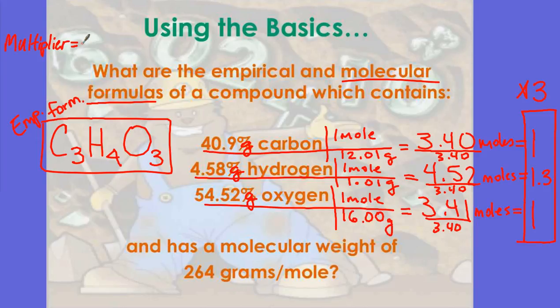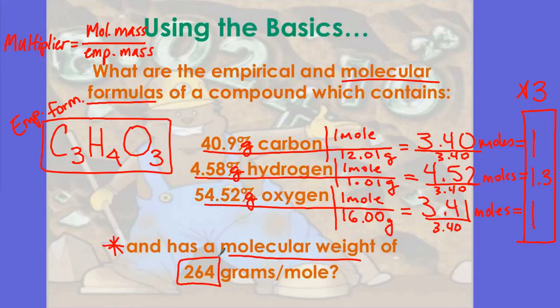Multiplier, again, equals molecular mass over empirical mass. Given in part B of this problem is my molecular mass. Multiplier equals molecular mass, or 264 grams per mole, over my empirical mass.